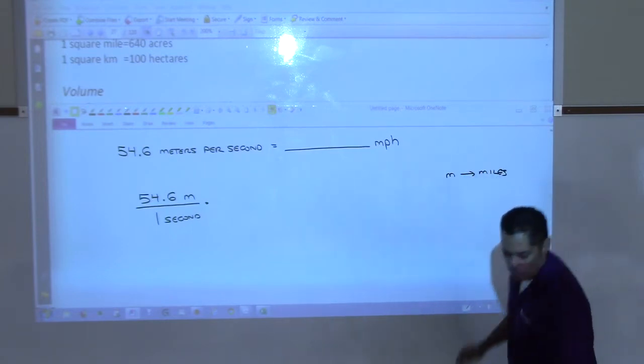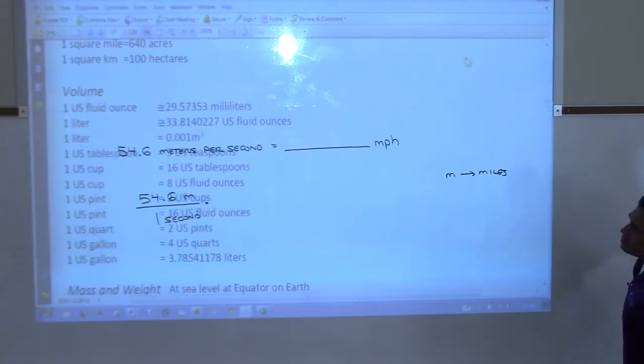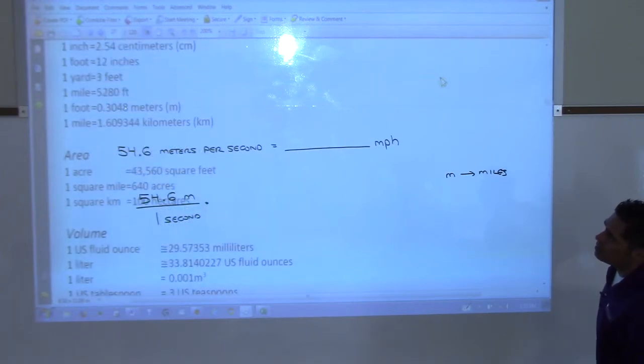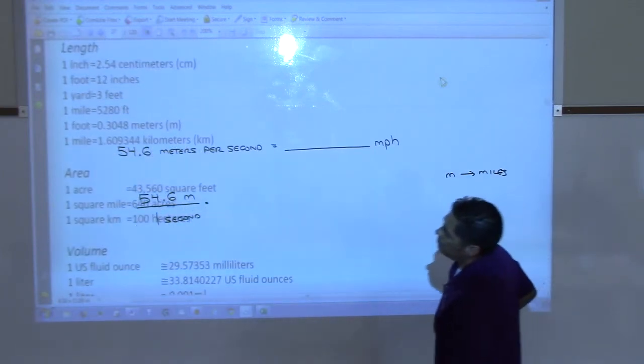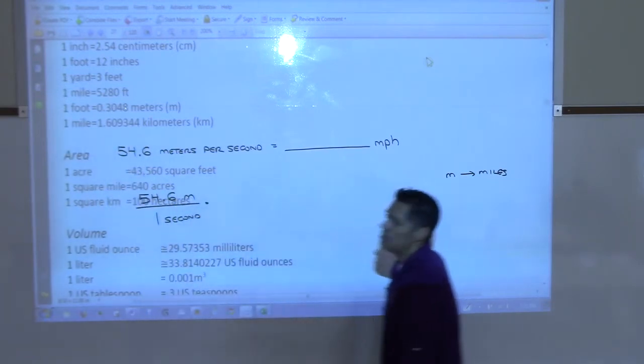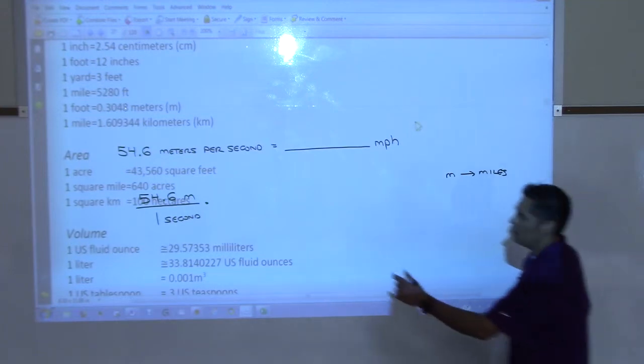So I'll look at our chart and see if it's there. Do we have a meters to miles? Go back up to distance. We have kilometers, right? We have kilometers to miles. Okay, so let's rephrase the problem. I'm going to leave that up there.